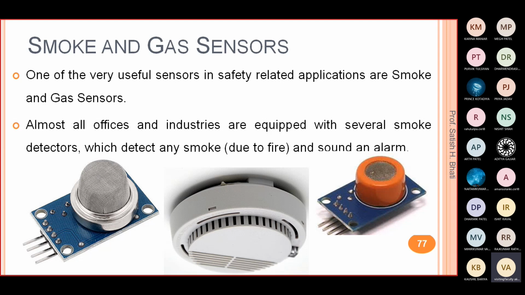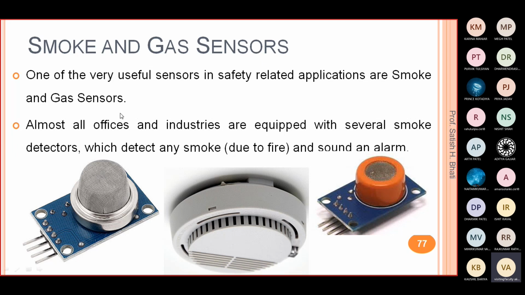Almost every building, or wherever it is a public place where more people are gathered, like halls, malls, government offices, or private companies, you will find the smoke sensor everywhere, which is used for fire safety. Almost all offices and industries are equipped with several smoke detectors, which detect any smoke due to fire, and they will sound the alarm.